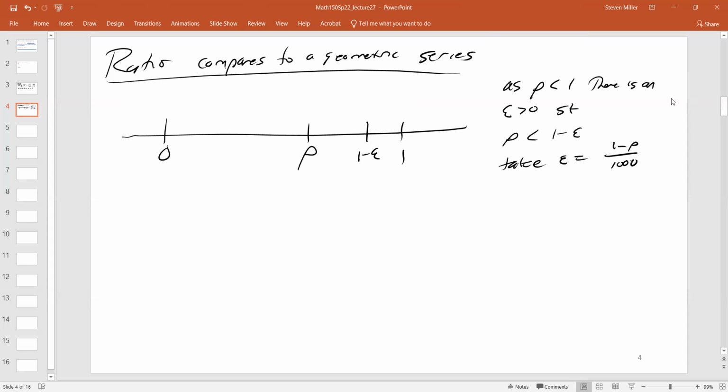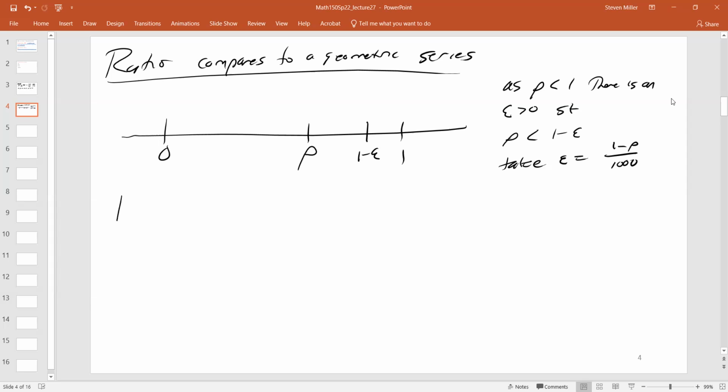Why do I want to do something like this? Well, I know a geometric series with ratio less than 1 converges. And so I want to just make sure that I stay well away from 1. And as long as everything is bounded by a number that's strictly less than 1, I have a hope of using a geometric series. If I have a sequence of terms that's less than 1, maybe they're approaching 1. And if they're approaching 1, I can't find one ratio that works for everything.